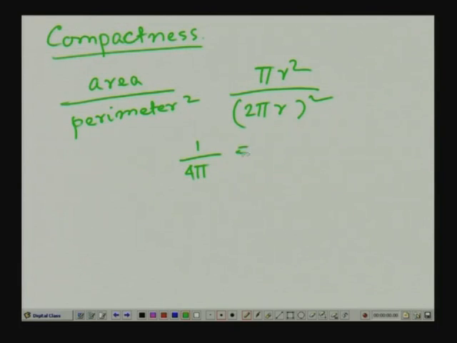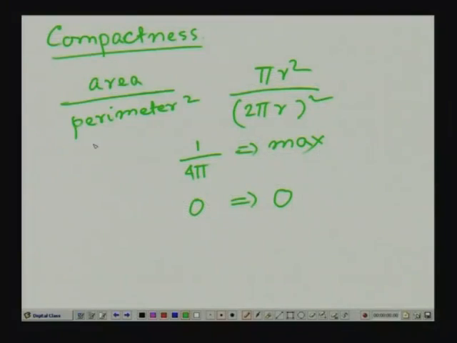So, the maximum value of the compactness is 1 upon 4 pi, and the minimum value of the compactness can be 0. Suppose I have a very long region whose thickness is very, very small. In the limiting case, we are going to have an infinite perimeter but 0 area. So, if I take the ratio area by perimeter square, this gives me a value equal to 0. So, these are the two limiting values of this compactness.